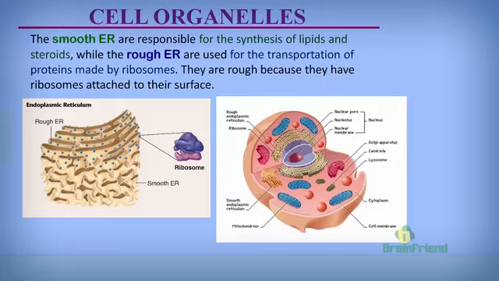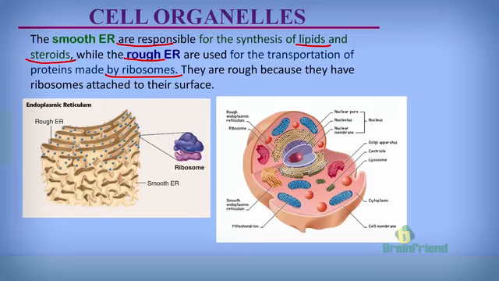The smooth endoplasmic reticulum are responsible for the synthesis of lipids and steroids. They are sites where lipids and steroids are manufactured. How about the rough ones? The rough endoplasmic reticulum are used for the transportation of proteins made by ribosomes. When ribosomes manufacture proteins, they attach them to the endoplasmic reticulum, and the endoplasmic reticulum transports these proteins.